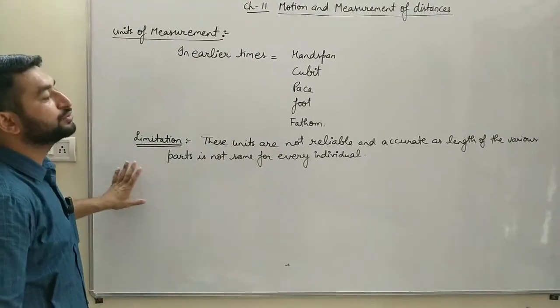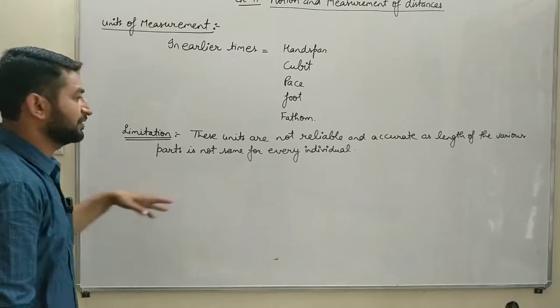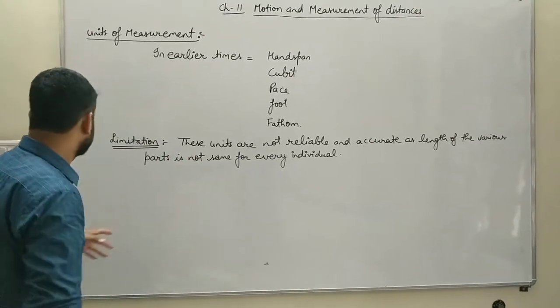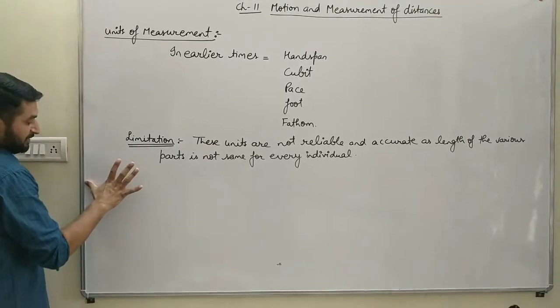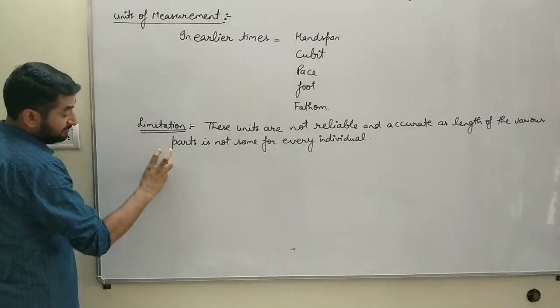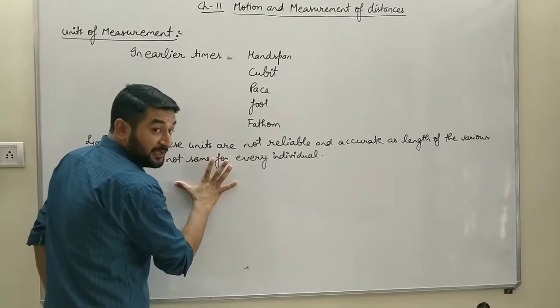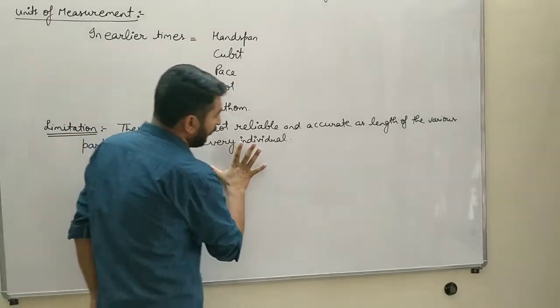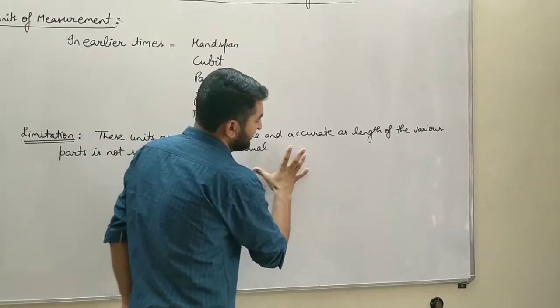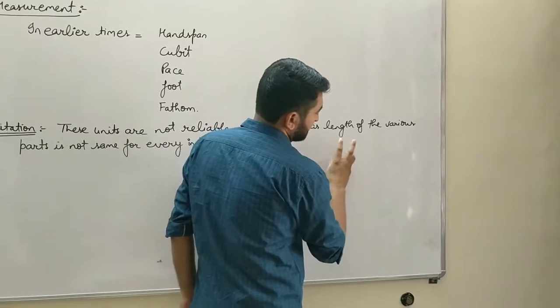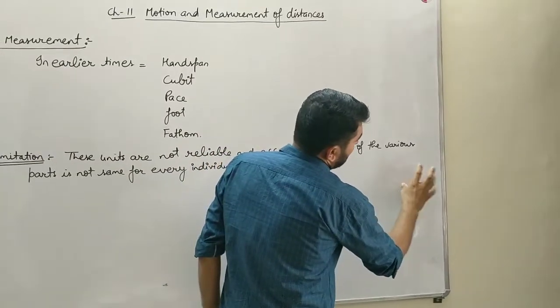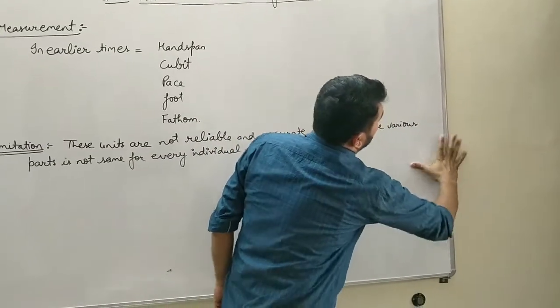For example, I want to measure the width of this board. This is 1 hand span. 2, 3, 4, 5, 6, 7, and 7.5.